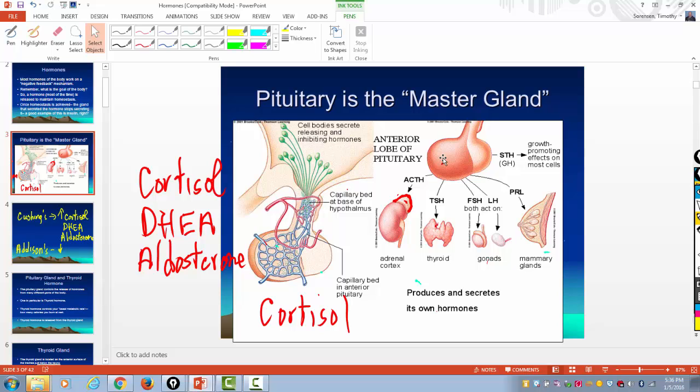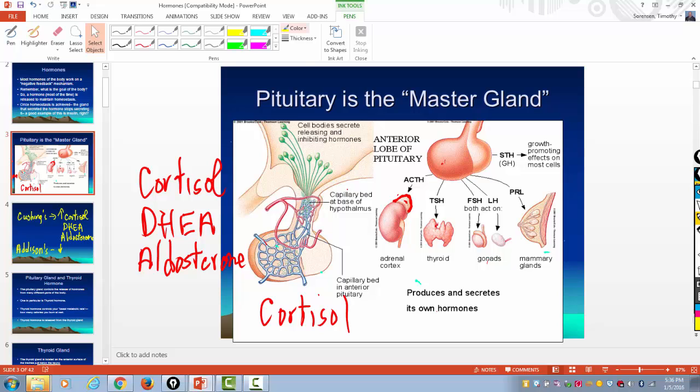So they're releasing hormones or stimulating hormones. As we learned in A&P, the hypothalamus, which is neural, is connected to the pituitary gland, which is glandular. So the hypothalamus is intimately involved in stimulating the pituitary gland to release its hormones.